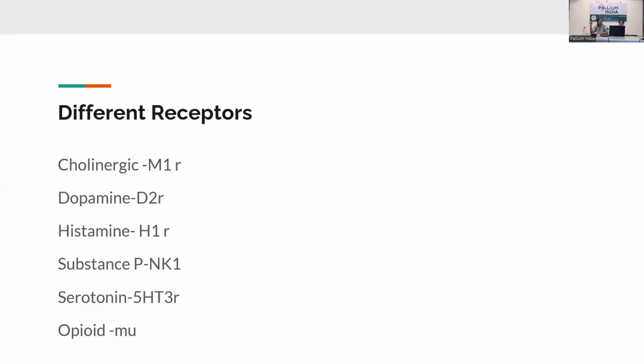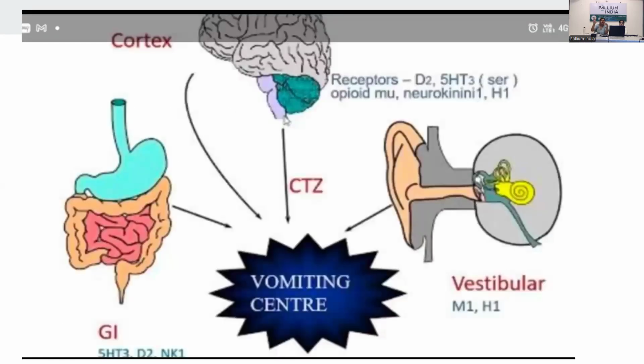Histamine, in short, is the H1 receptor. Substance P acts on the NK1 receptor. Serotonin is 5-HT3, which is very important. And then there is the mu receptor. So these are the receptors. I'll tell you where these receptors are and how they act. There are different receptors, and vomiting is controlled by the vomiting center.